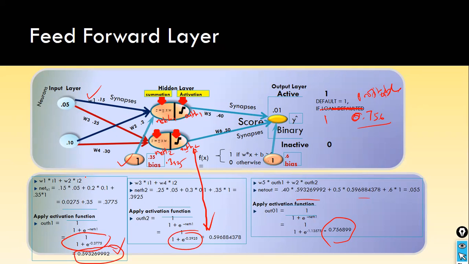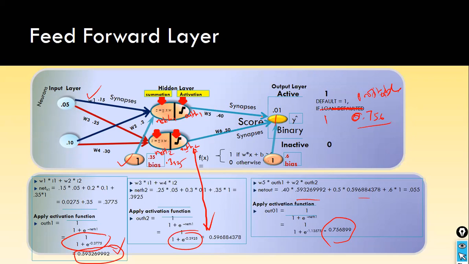The input layer passes the data to the first hidden layer. The hidden layer neurons perform the summation on the information passed to them from the input layer neurons. The output layer neuron performs the summation on the weighted information passed to them from the hidden layer neurons. So even here, it is doing the same thing.